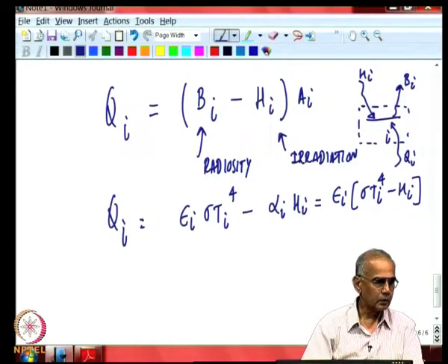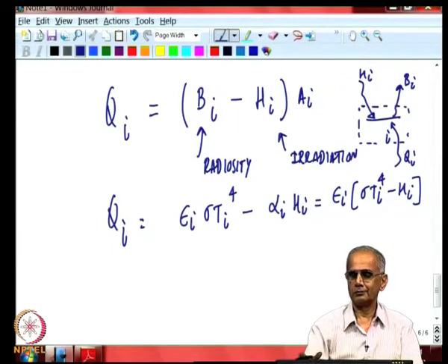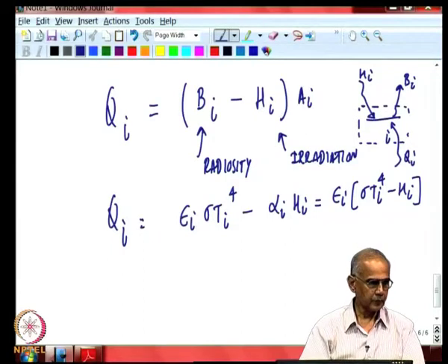One is through the concept of radiosity and the other is through the concept of absorption minus emission. Both are equivalent, and we will be using this interchangeably to get information about any given problem.